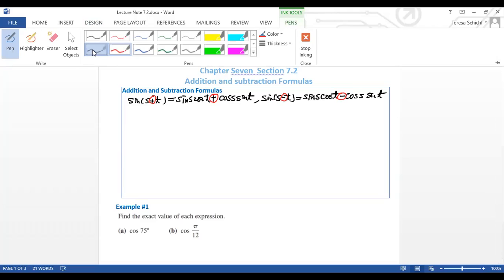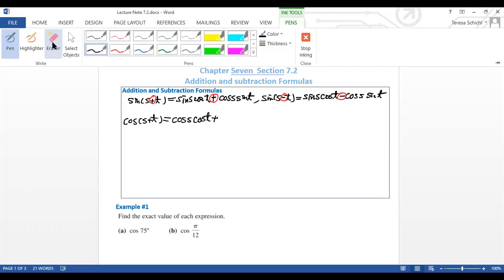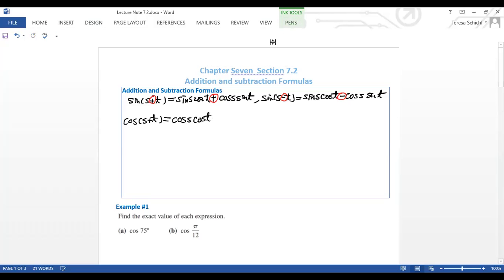The next set is cosine. Cosine of s plus t will be cosine, cosine, and sine, sine. So it's cosine s cosine t, minus sine s sine t. The same way, cosine of s minus t is cosine s cosine t plus sine s sine t.